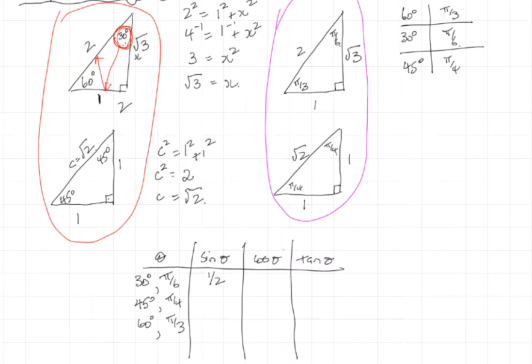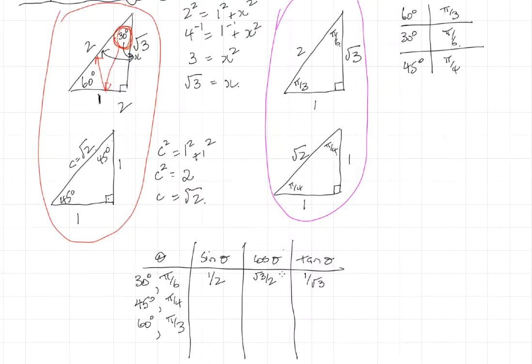Going back up to this triangle again, we want the cos of 30, which is adjacent. There's my adjacent, there's the hypotenuse, so it'll be root 3 on 2. And the tan of 30 is opposite over adjacent, so that's 1 over root 3. So they are the exact values of sine, cos and tan of 30 degrees.